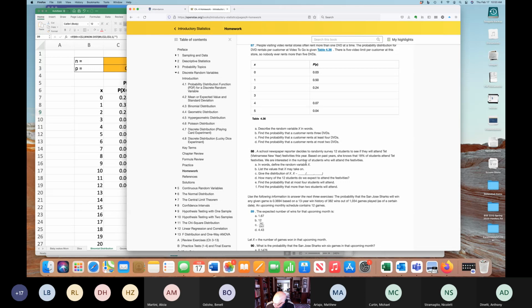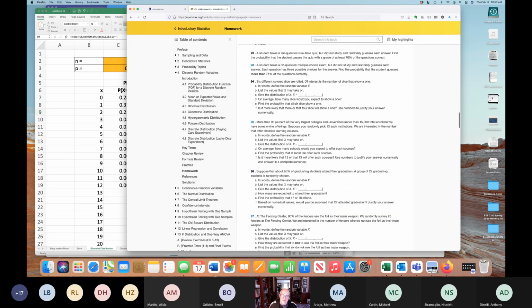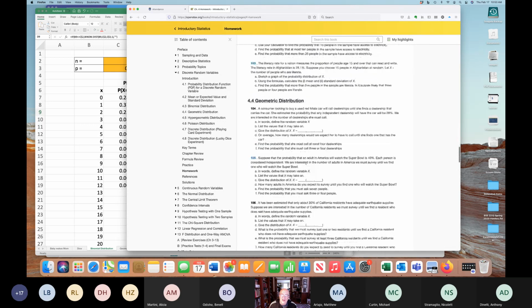Chapter 4, number 88. You can make a copy of this and do the binomial problem on the binomial tab and format it so that I can see the answers. Maybe I'll do one to show you what I think formatting should look like.